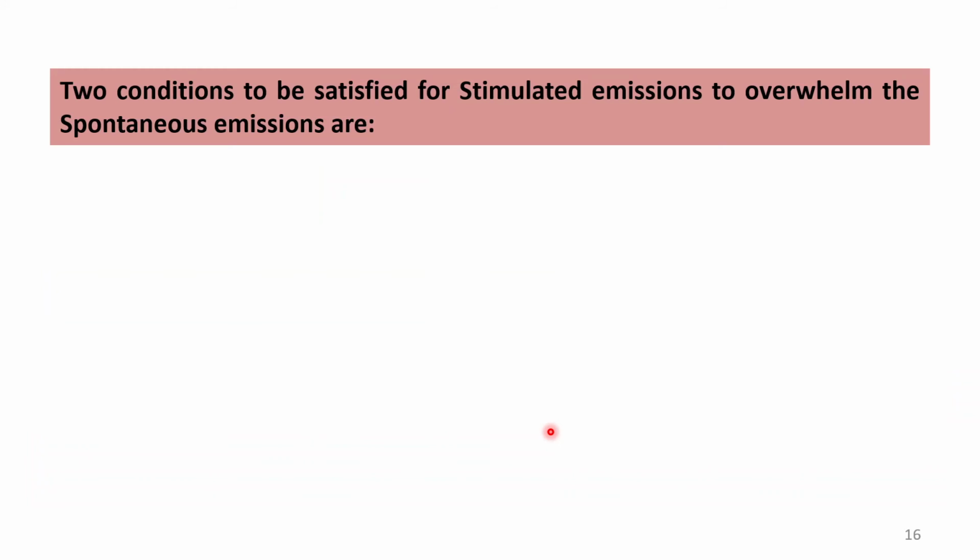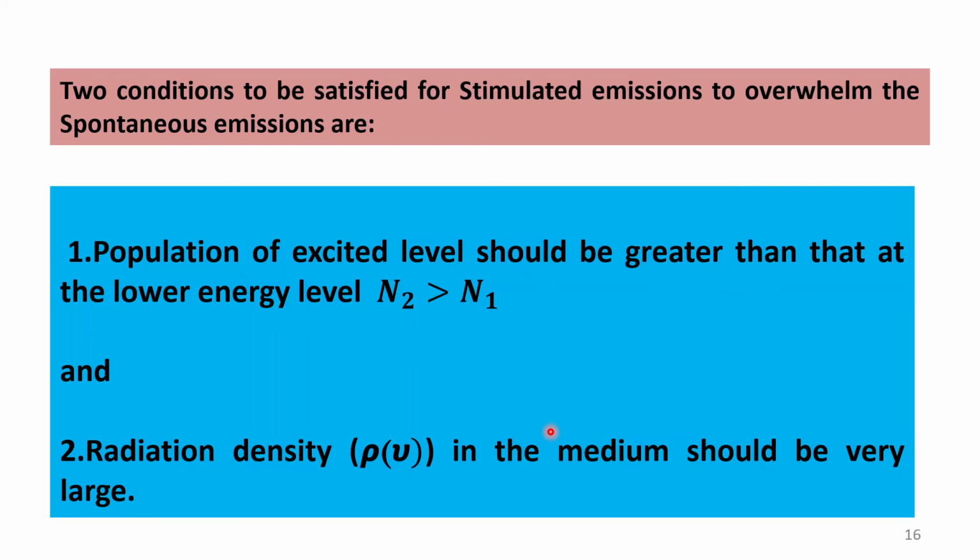So students, the two conditions to be satisfied for the stimulated emission to overwhelm the spontaneous emission are, one, the population of the excited level should be greater than that at the lower energy level, that is, N2 should be greater than N1. And second, the radiation density in the medium should be very large.